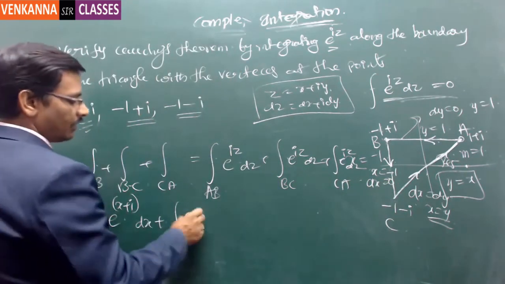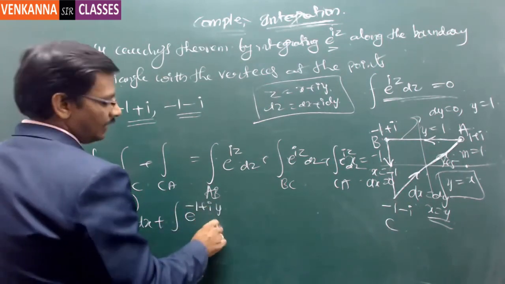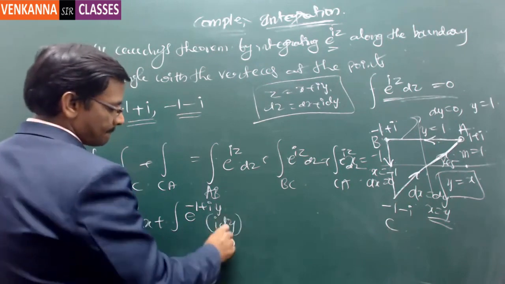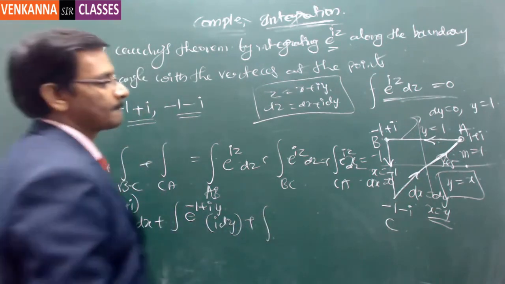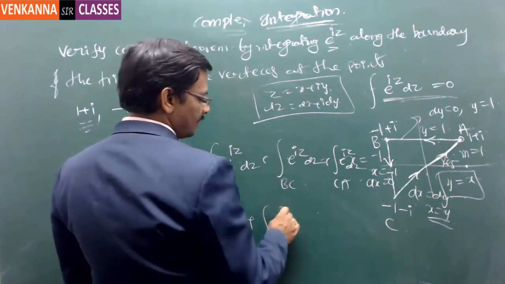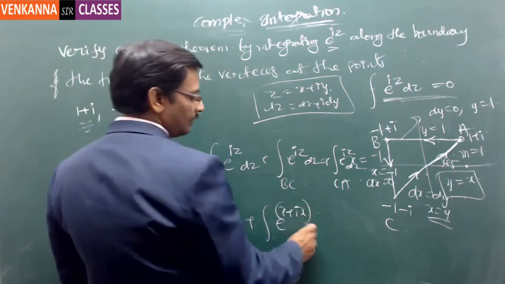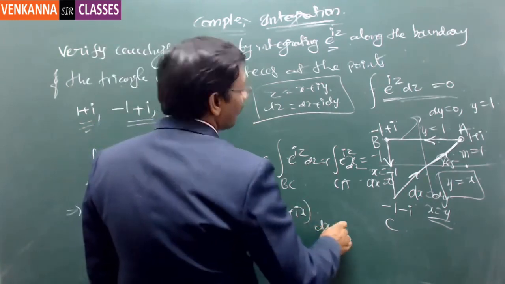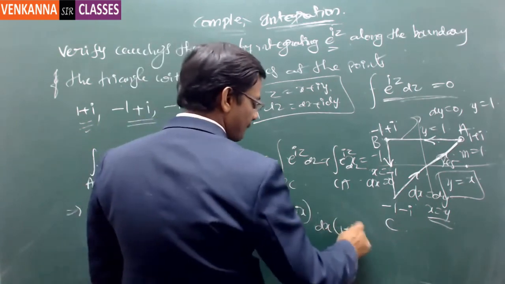So e power -1 plus iy into I dy plus integral along this line. So e power x plus ix, because x is equal to y, and then dx into dx plus I dy, so dx plus I dx, so 1 plus I.